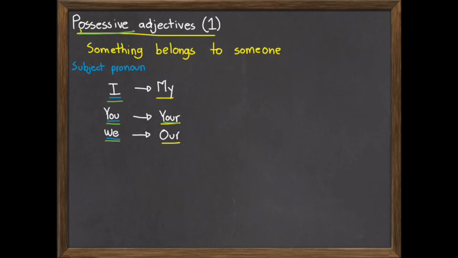Be careful. Your is not the same as you're. You will see why. Your is used as a possessive adjective. So, you can say your teacher or what's your name. But you're, remember, is a contraction of you and are. So it means something different. You're a teacher.